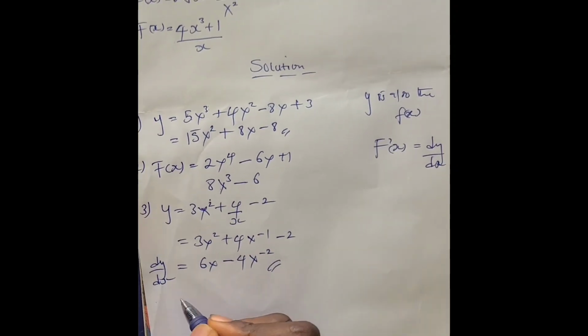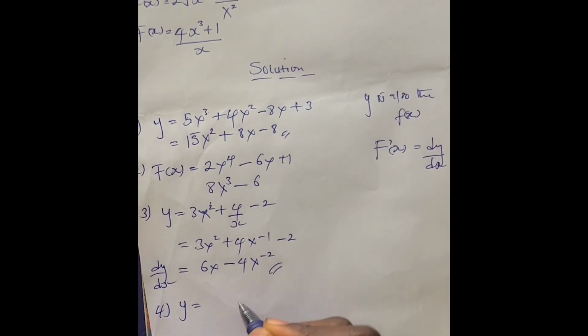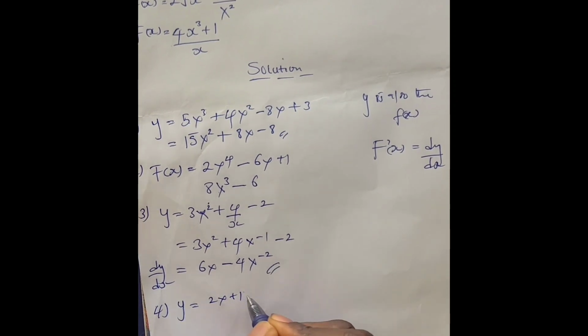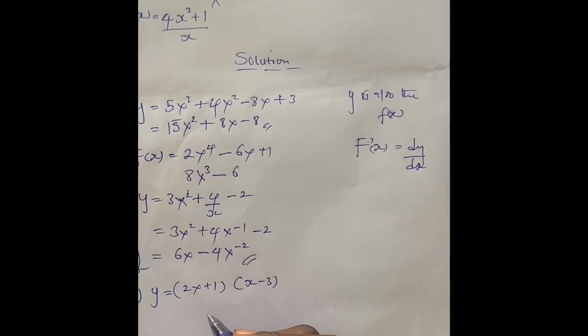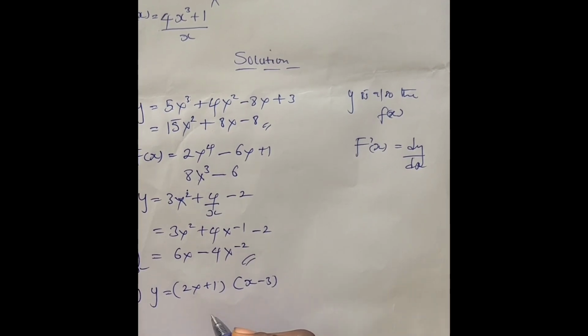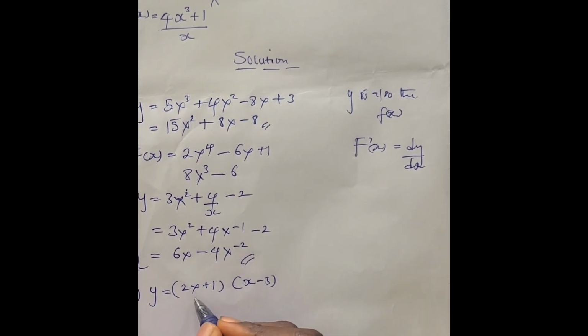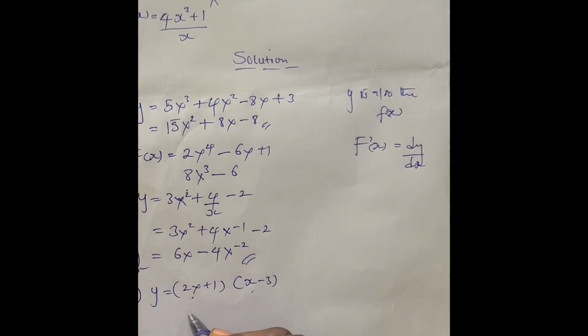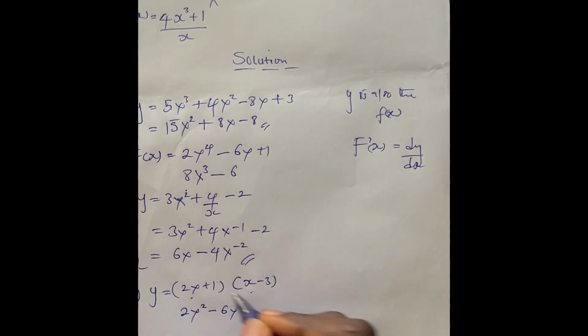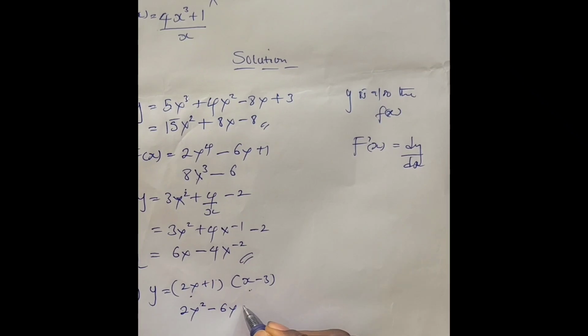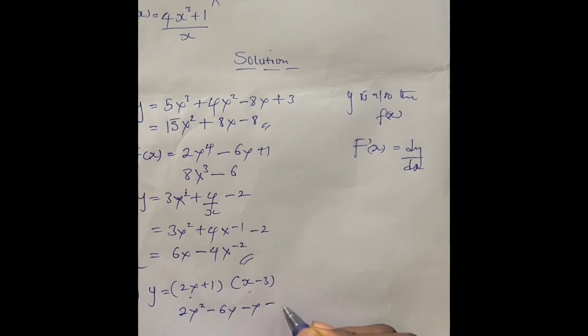Then question 4, we have y is equal to 2x plus 1, then x minus 3. Here you will open the brackets by multiplying using the number here to multiply this one. So when you multiply, you have 2x squared minus 6x. So using this one to multiply, you still have minus x minus 3, right?